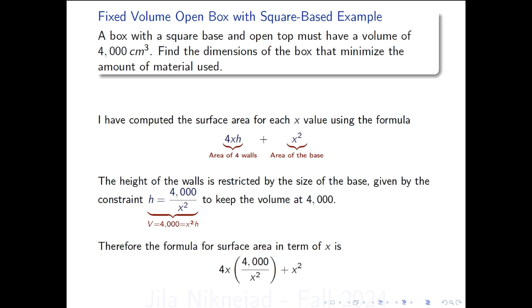Therefore, the formula for surface area in terms of x only is, instead of 4 times xh, we're going to have 4 times x times 4,000 divided by x squared, plus x squared.